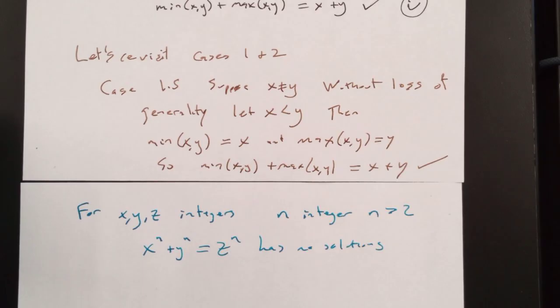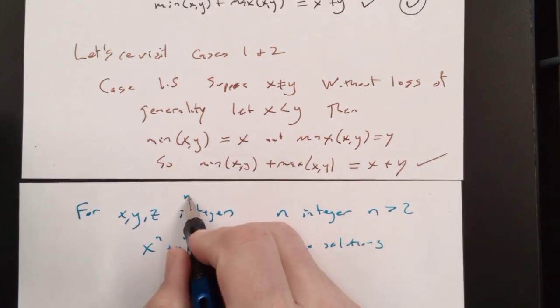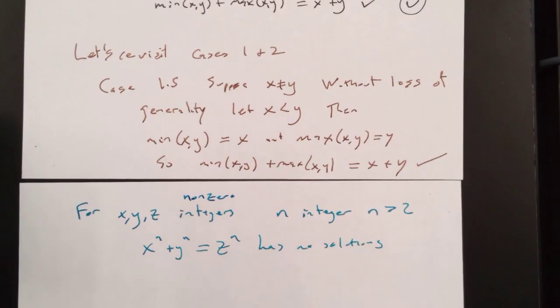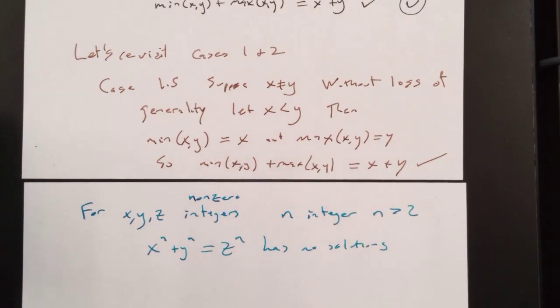X, Y, Z, and N are all integers. X, Y, and Z can be positive or negative or zero. Not zero. Wait a minute. I should write that down. Non-zero integers. If you let N be a number bigger than 2, this has no solutions.